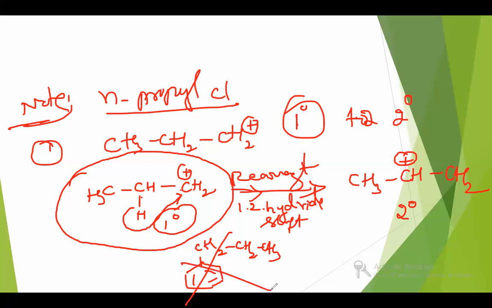It is unstable, doesn't exist, and is not possible to get, because this rearrangement will take place and we get the benzene with alternate double bonds, with a secondary carbon here, CH, with CH3 on one side and CH3 on the other side. So what is it? 2-phenyl propane. 2-phenyl propane is called isopropyl benzene.